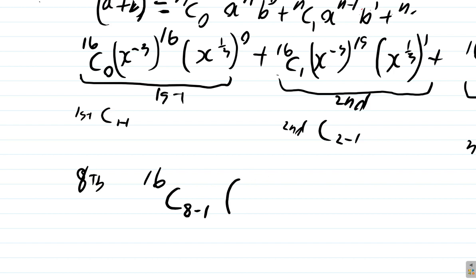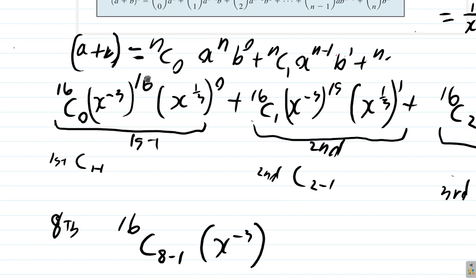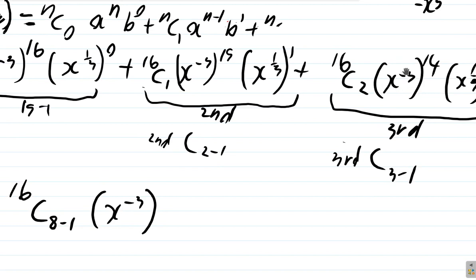Now, what about the x part? X to the negative 3 raised to the power of: in term number 1, you have 16. Term number 2 is going to be 15, which is 16 minus 1, 1 less than the 2. Term number 3 is going to be 14, which is 16 minus 2, which is 1 less than the 3, and so on. So in term number 8, it must be 16 minus the number that's 1 less than 8, which is 7.